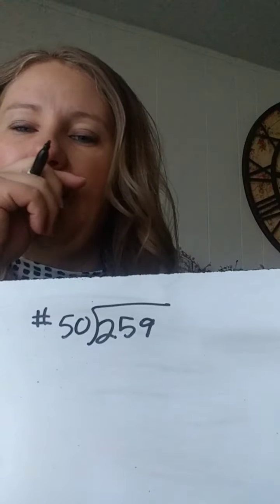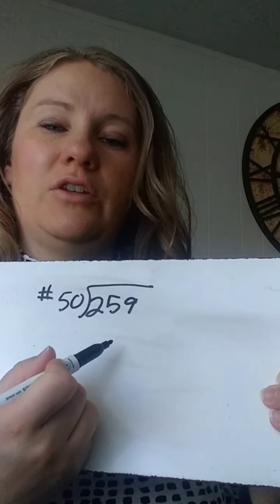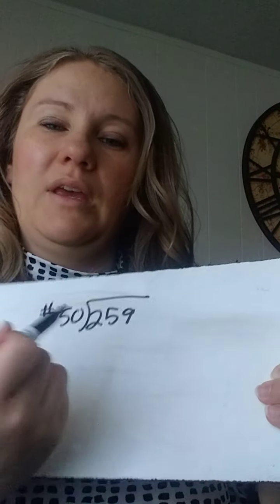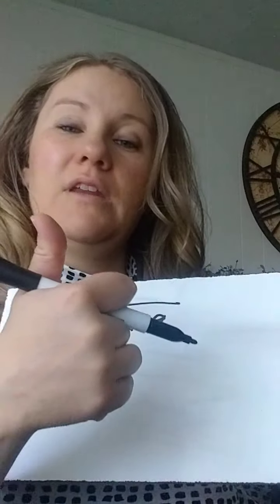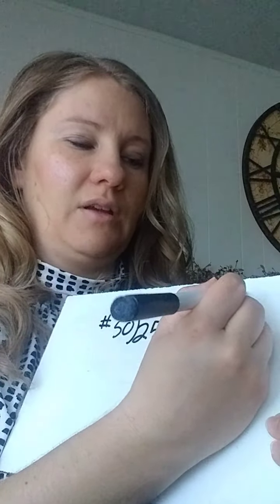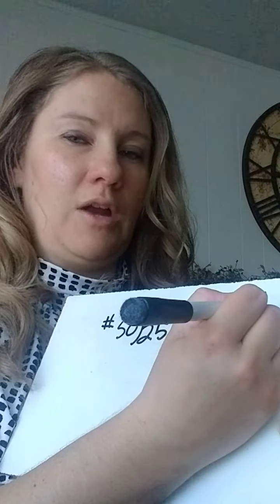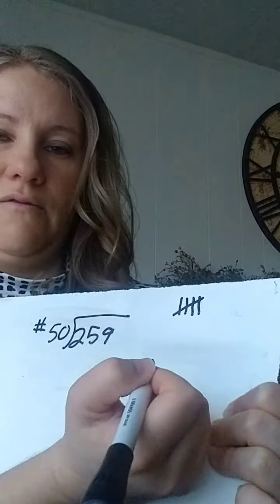Number 4 is 259 divided by 50. All right, now we know that 50 can't go into 25. It can go into 250, so we can do tally marks: 50, 100, 150, 200, 250.